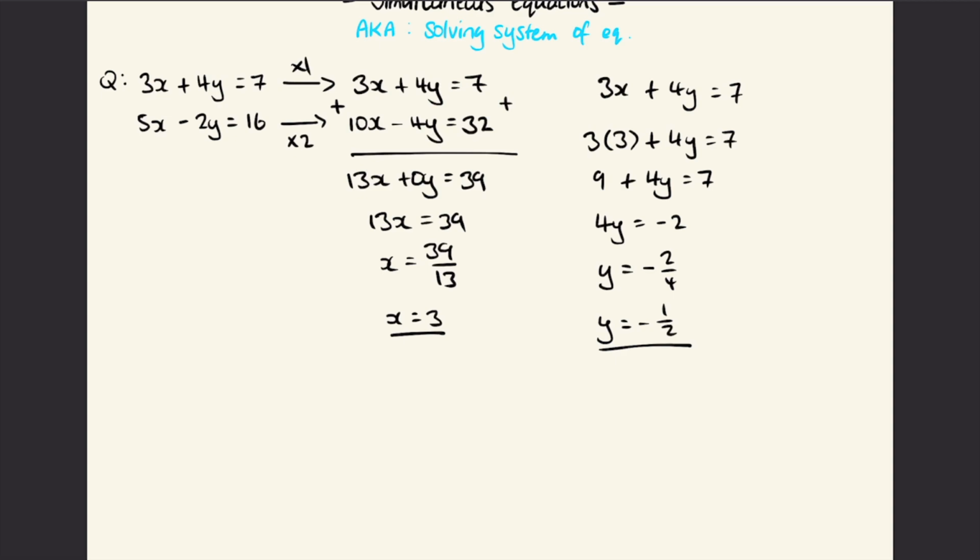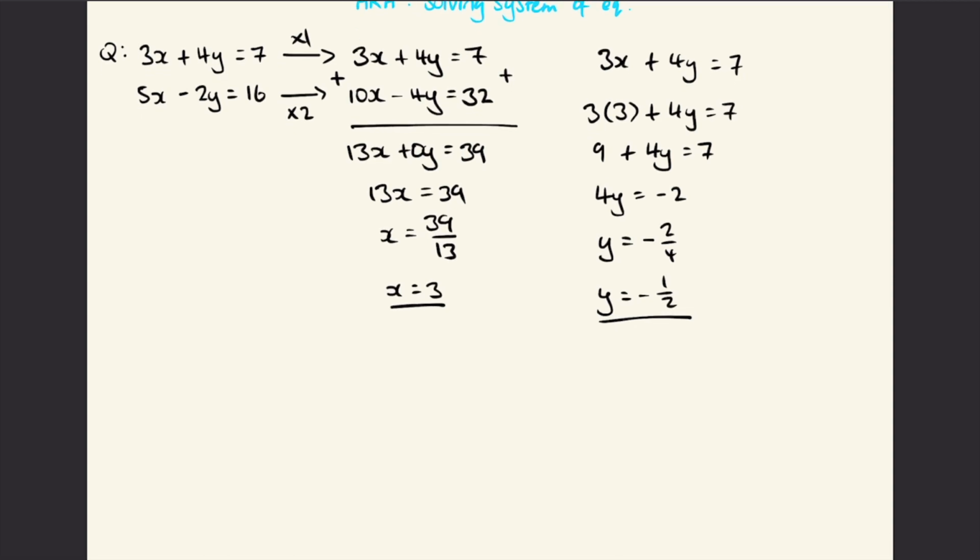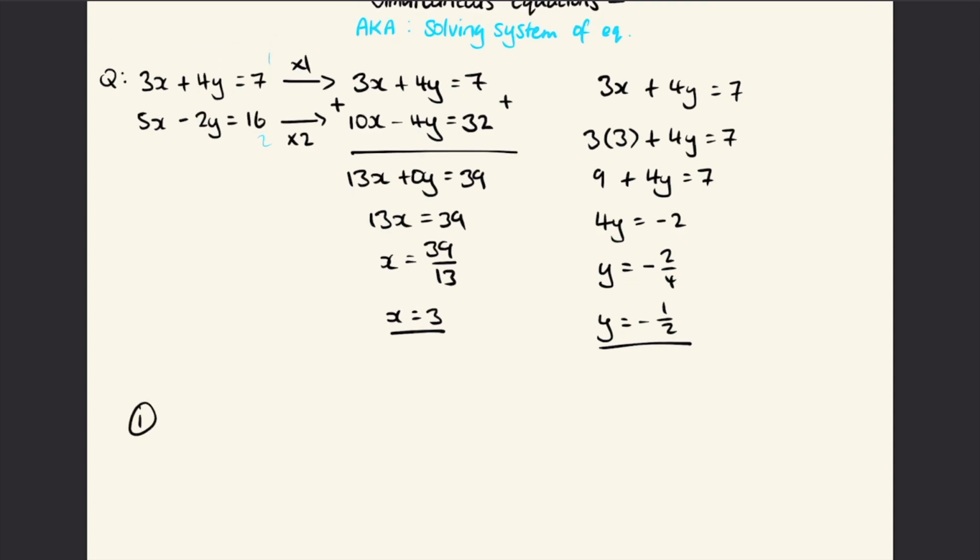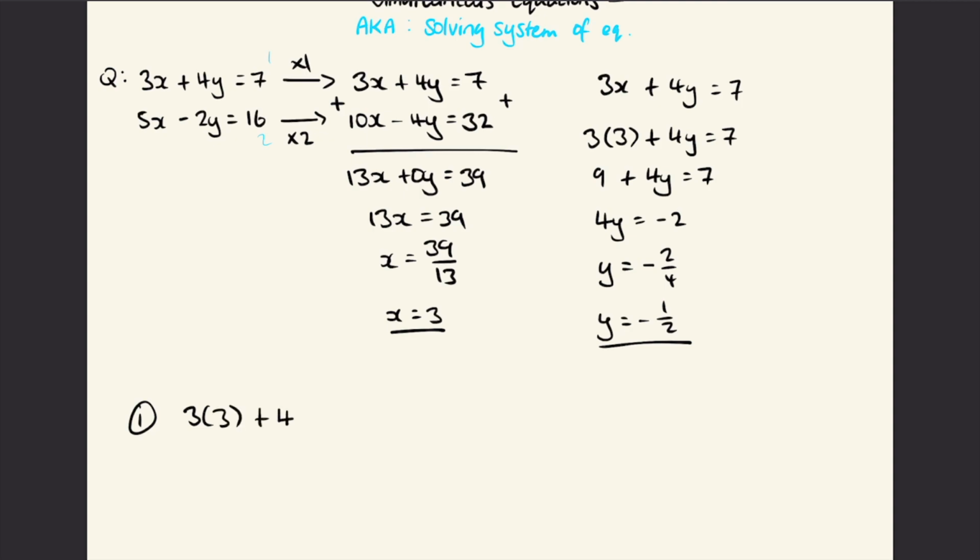In order to check if those are correct, you can place them in both equations this time. Use both these values in each of them and see if it equals the right hand side. We'll make this equation 1 and this equation 2. For equation 1, we have 3 times 3 plus 4 times minus a half.